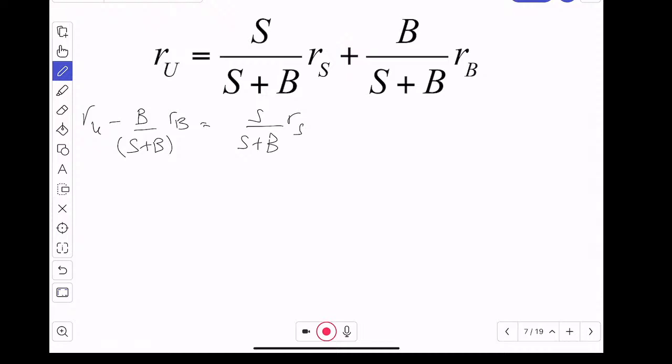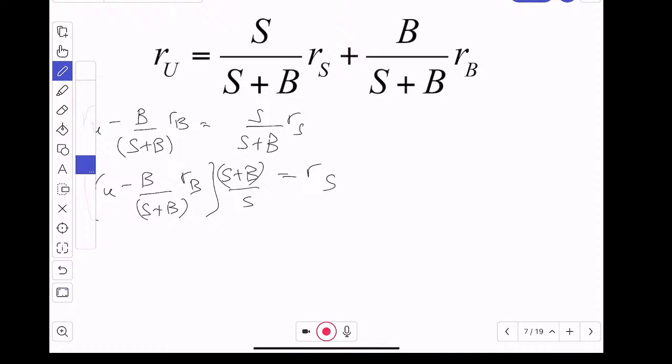Now I'm going to cross multiply, and I'll do it on the left side, on the right side. All right. So now this is all equal to RS. I'm going to distribute this term S plus B, which is V really.